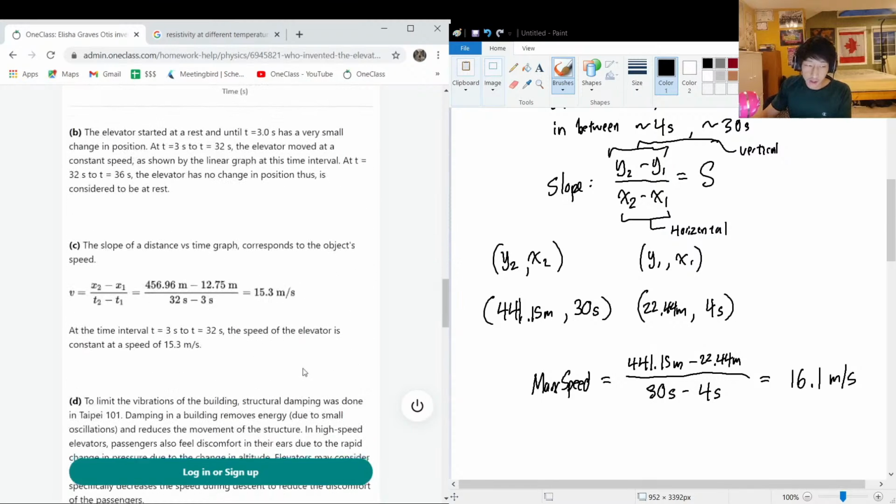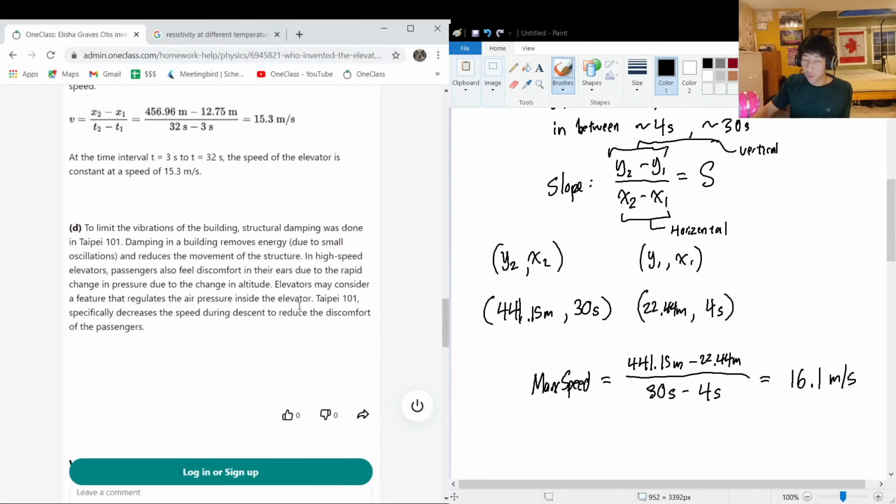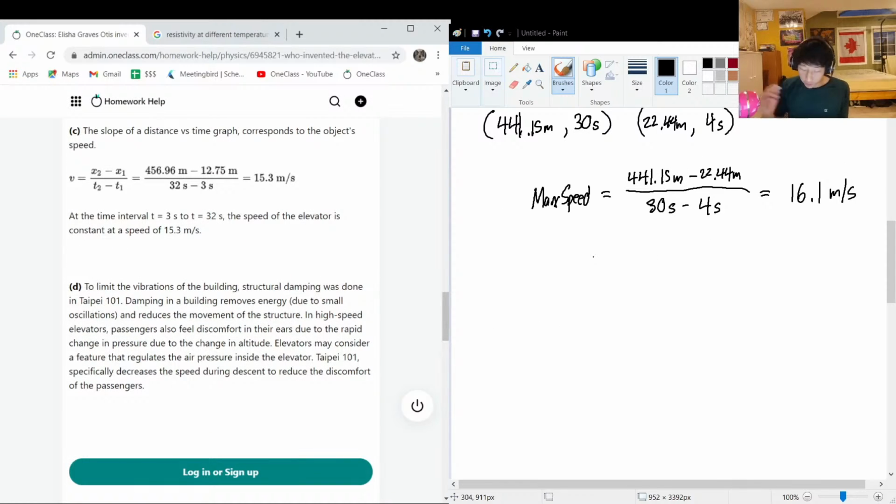Another thing they mentioned here in the answer is actually a very fascinating thing about the Taipei Tower: they have damping. What I mean by damping is, tall buildings experience big wind forces.